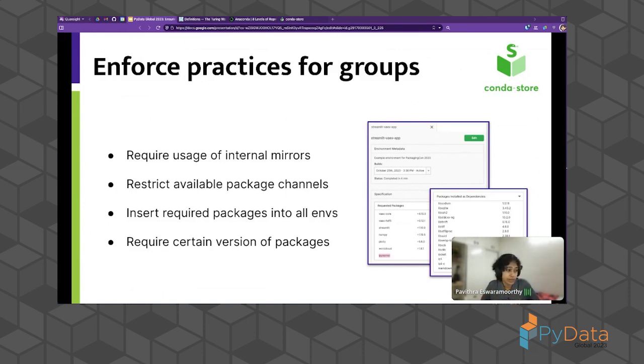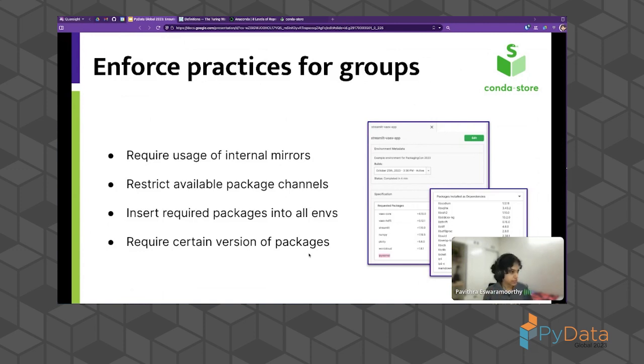Third is inserting required packages into all environments. I've highlighted IPython here. We need that for certain other things in the system, so we make sure every environment built will have it installed by default. And lastly, require certain versions of packages. Maybe you haven't tested the latest version of pandas, so you want to make sure every environment built in your team uses a version below that, or a certain version.